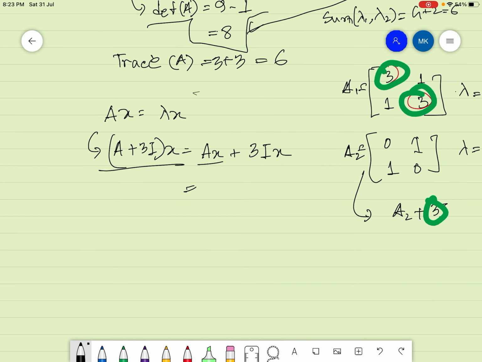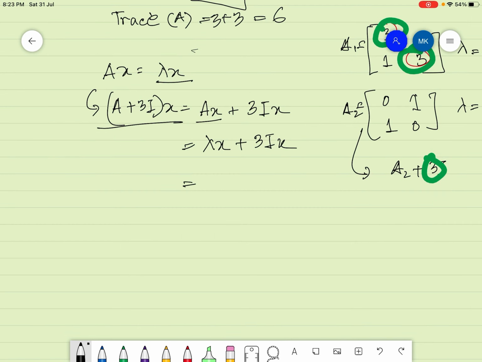Ax is lambda x, so this is lambda x plus 3Ix. So it can be written as (lambda plus 3) times x. So the eigenvalues are being increased accordingly, right?